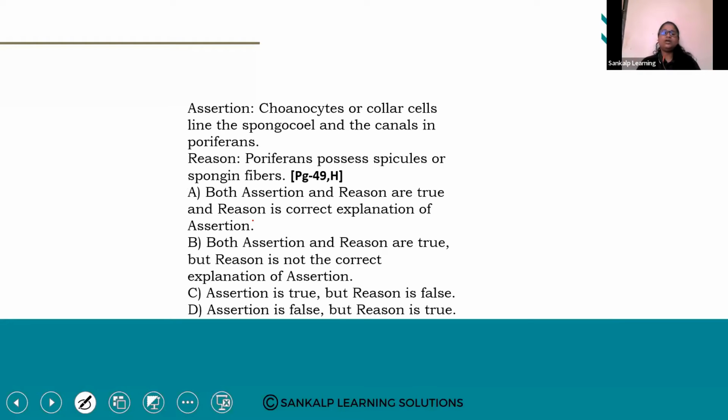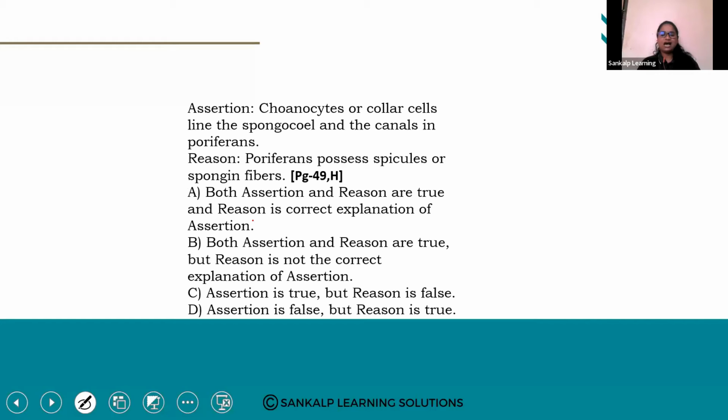Next question. Choanocytes or collar cells line the spongocoel and the canals in the poriferans. Reason: poriferans possess spicules or spongin fibers. Both A and R are true. Both A and R are true, but R is not the correct explanation. A is true, R is false.